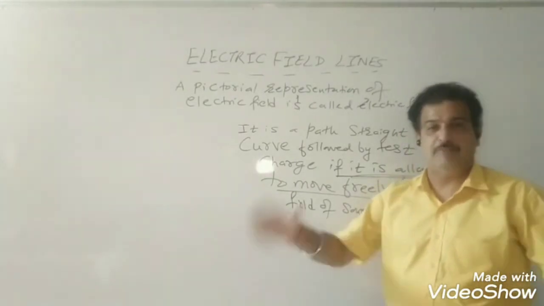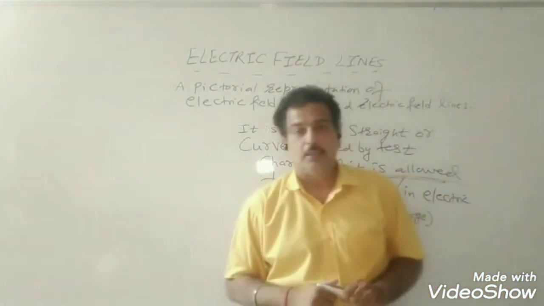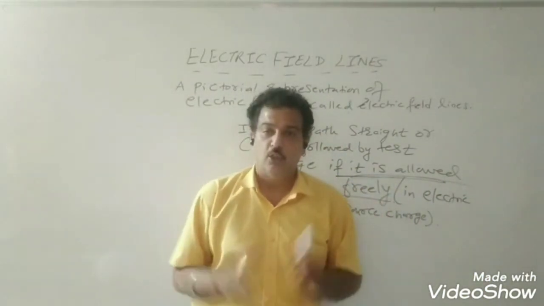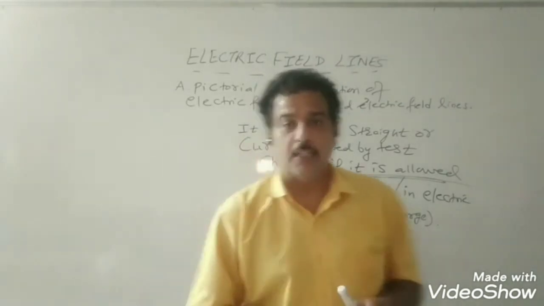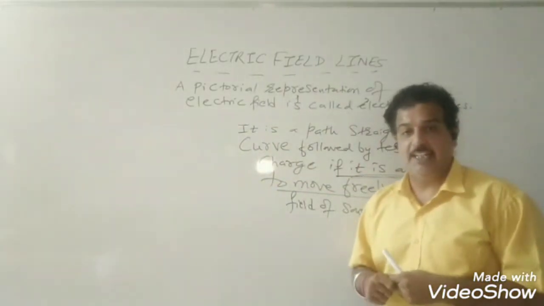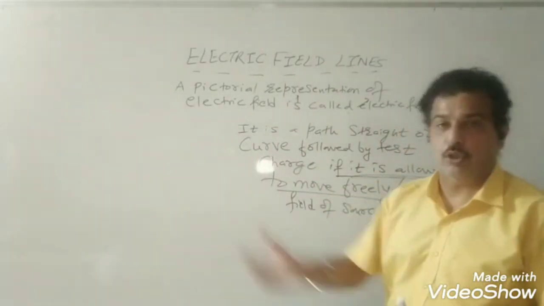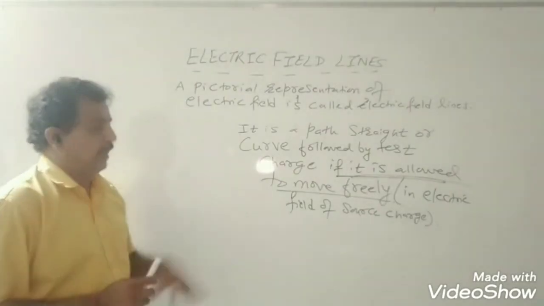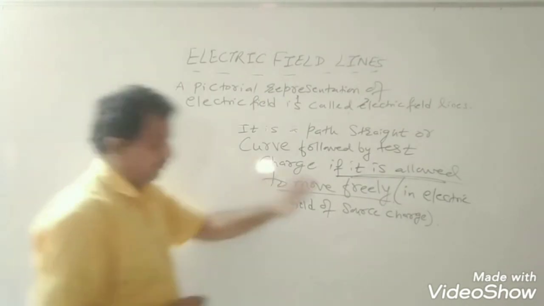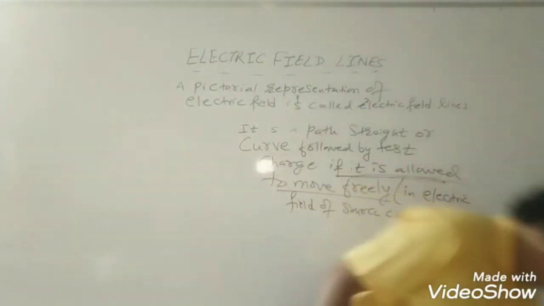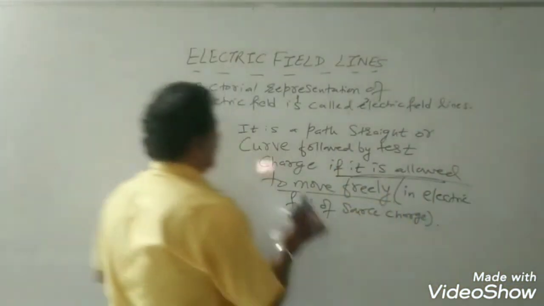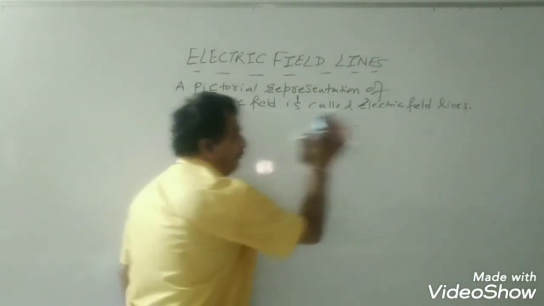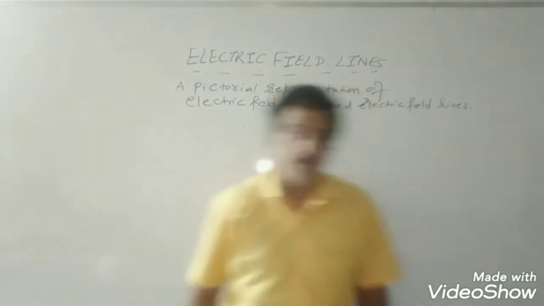And if I say do not let it go freely, then clearly you will spend your energy so as not to allow the test charge to move freely away from the source or towards the source. So you will have to spend effort so that it does not move freely, but for the time being we allow it to move freely, and whatever path it follows, we call it electric field lines.